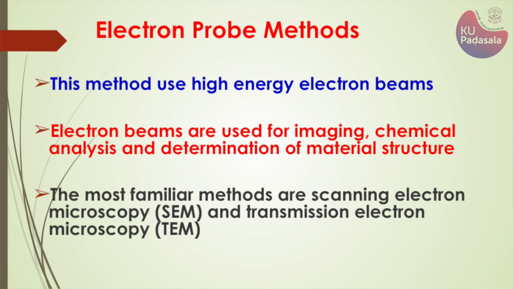The first method, the electron probe method. This method uses a high energy electron beam to find out the structure, the composition, etc. The most familiar methods are scanning electron microscopy, simply designated as SEM, and transmission electron microscopy, denoted as TEM.